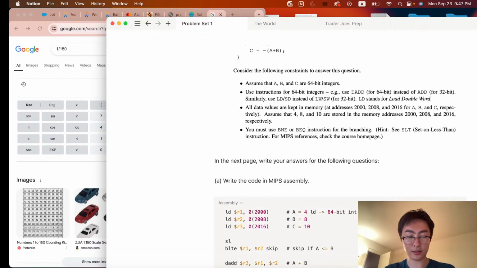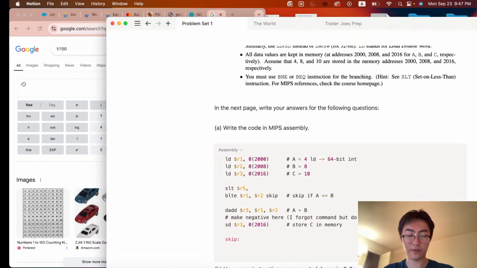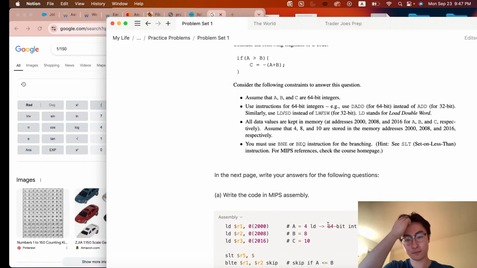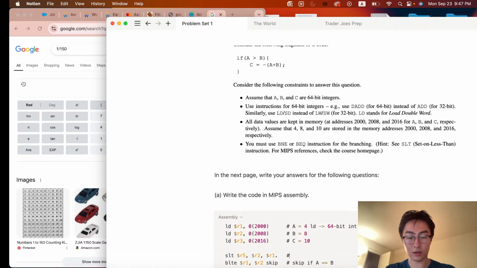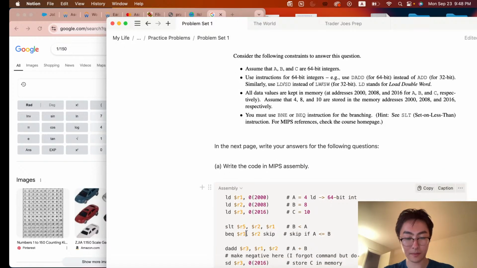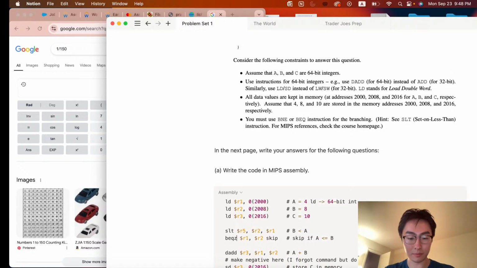For SLT, we'll call R5 the register storing 0 or 1, and compare whether B is less than A. In this case that is not true, so R5 is equal to 0.